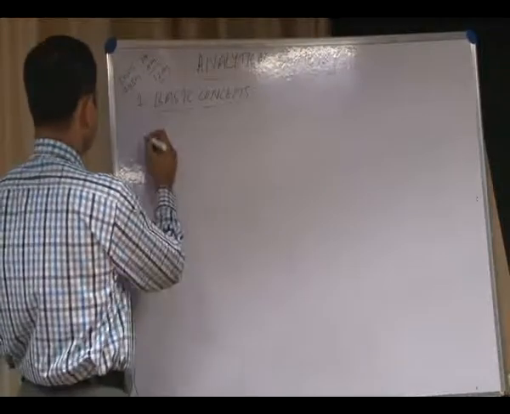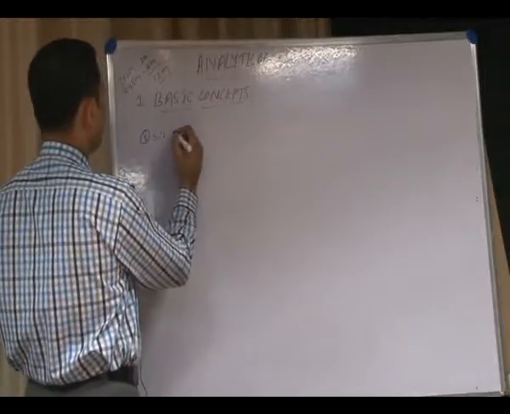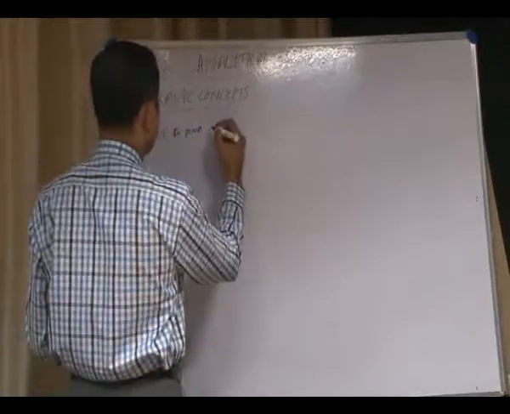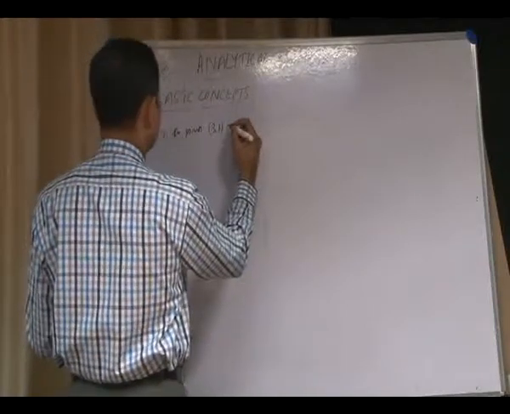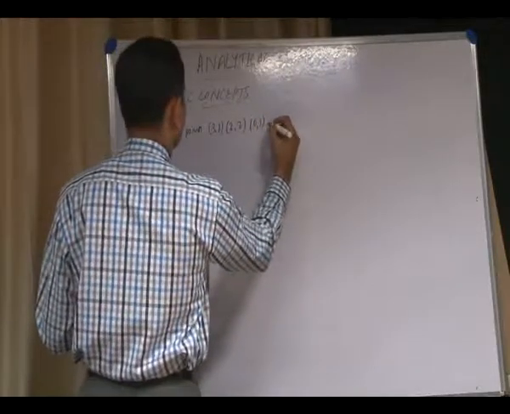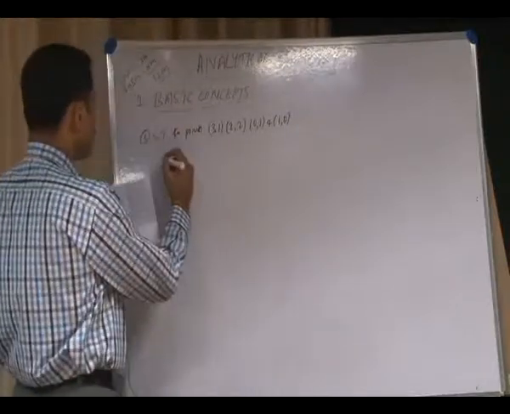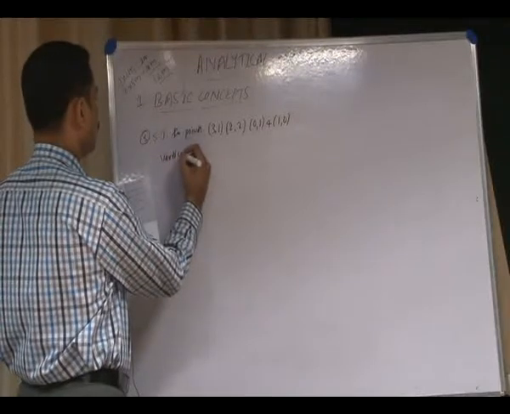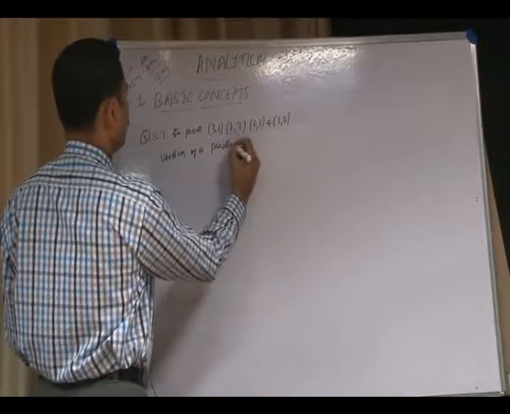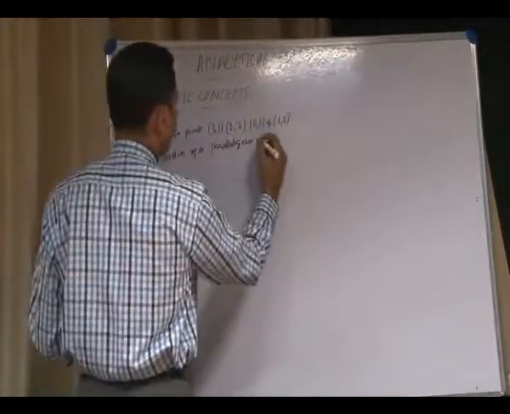So, next problem: show that the points (3, 1), (2, 2), (0, 1) and (1, 0) are the vertices of a parallelogram when taken in order.